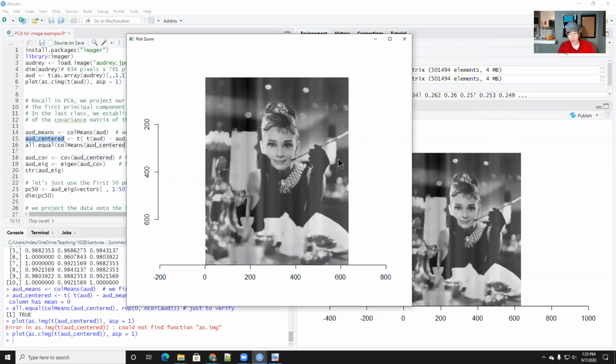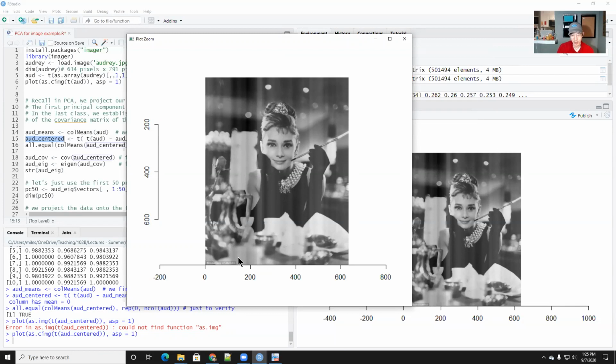And what's going on here is that for each pixel, we've subtracted the mean color, which would kind of be gray, so that if you took the average of one column, they would all end up having the same average, okay?